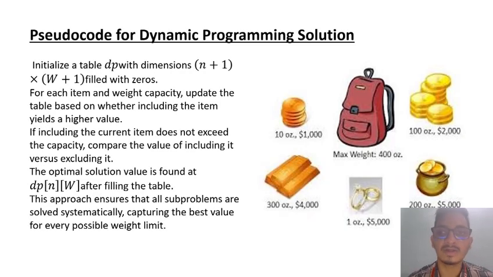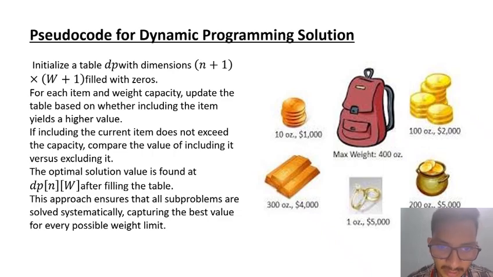Procedure for dynamic programming solution. Initialize a table dp with dimensions n plus 1 by W plus 1, filled with zeros for each item and weight capacity. Update the table based on whether including the item yields a higher value.